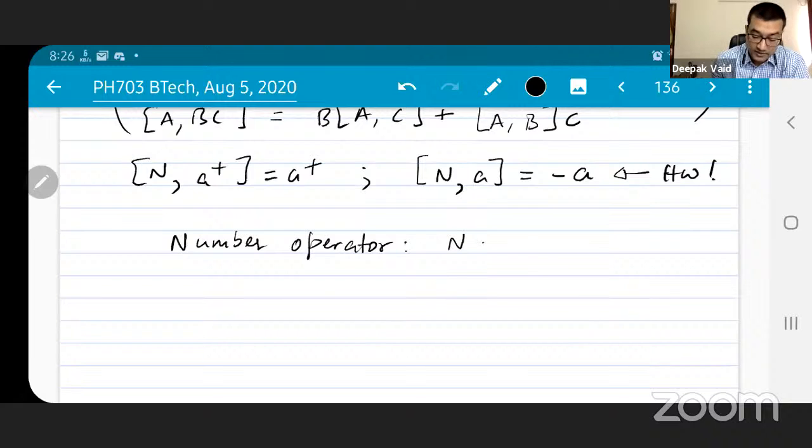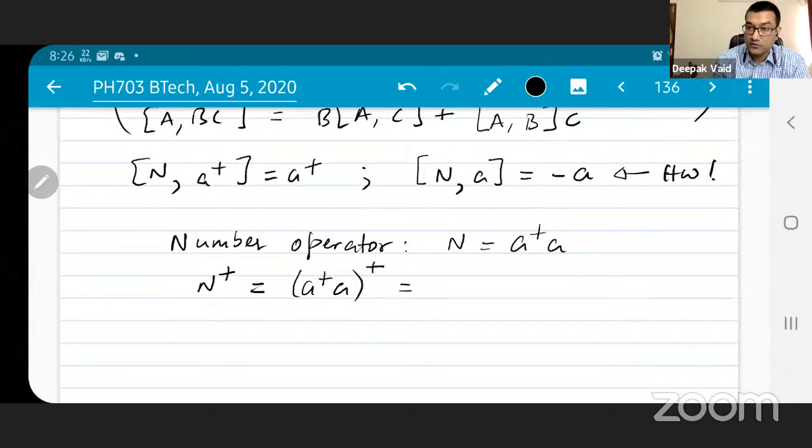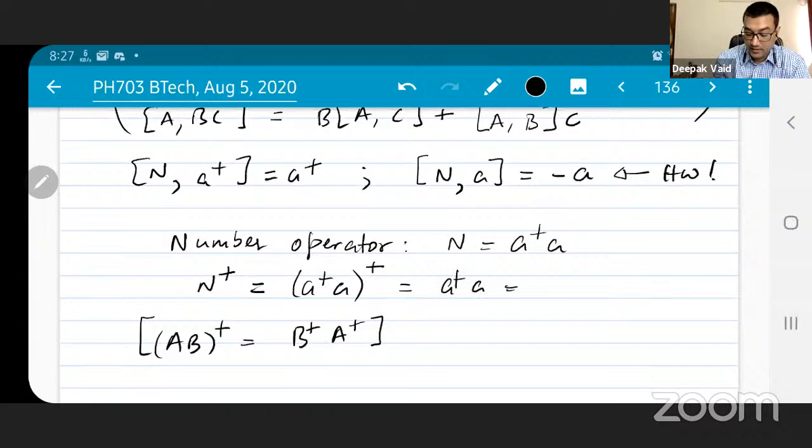Why is that? If N is equal to A dagger A, then N dagger is equal to A dagger A, using the rule for the Hermitian conjugate of products: if I have two operators A, B, the conjugate is B conjugate, A conjugate. So you get A dagger A.